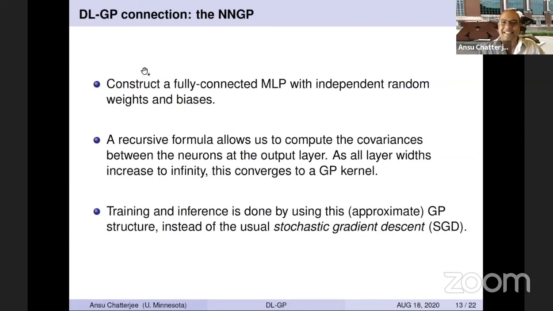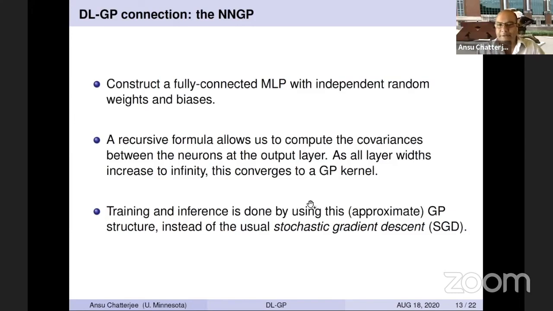Here's a second DL-GP connection. This is known as NNGP, Neural Network Gaussian Process. We construct a fully connected multilayered perceptron, so your usual feed-forward network with random weights and biases. And then you move the whole thing through, except that you compute, at the last layer, the output layer, a kernel that corresponds to that.